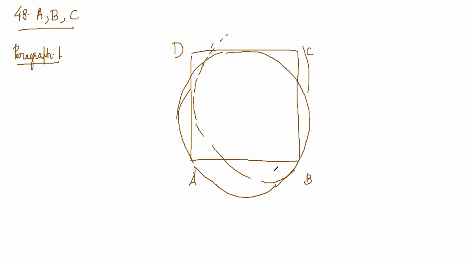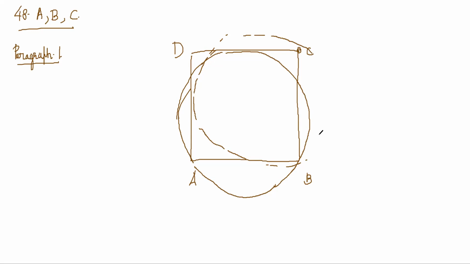Somewhat like this. It's not coming nicely in the figure, but let's ignore that for now. And then R1 and R2 are the radii of these two circles.